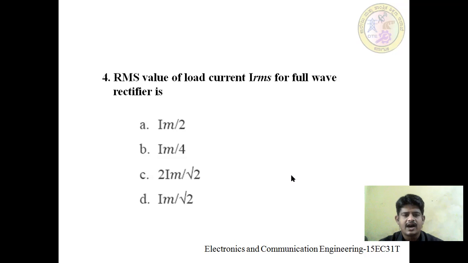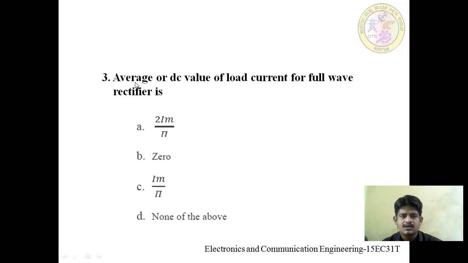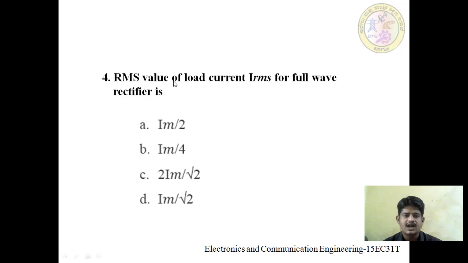Next, fourth question: RMS value of load current IRMS for a full wave rectifier. The earlier question was dealing with the average or DC value. Now we are dealing with the RMS value of a full wave rectifier. RMS means root mean square value.